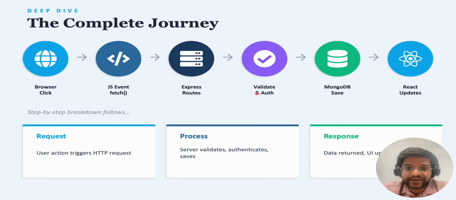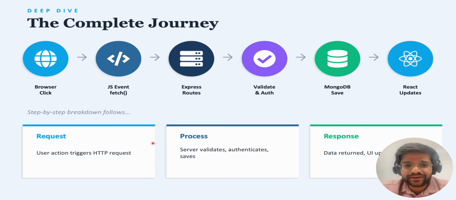Then comes the validation and authentication. The server checks if you are logged in and if your data is valid. If everything passes, the data goes to MongoDB where it gets saved, and finally the response comes back, and React re-renders the UI so that the user can see it.